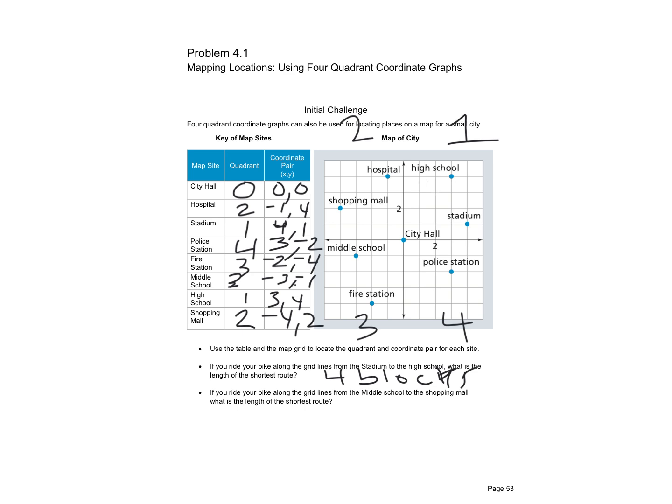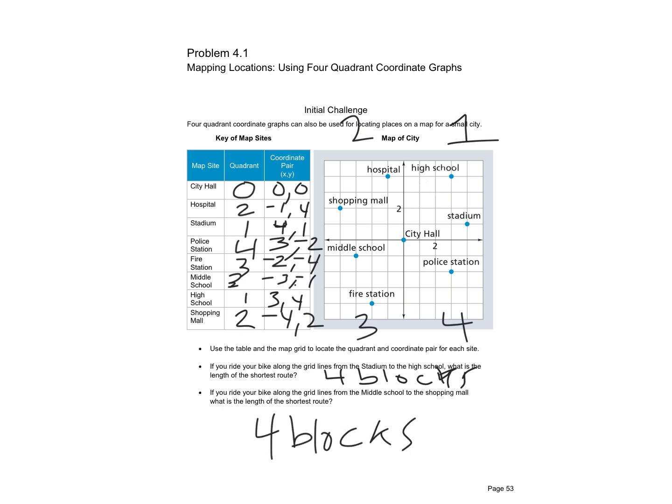If you ride your bike along the grid lines from the middle school to the shopping mall, what is the length of the shortest route? So the middle school is here. We're either going to go 1, 2, 3, 4 blocks that way, or 1, 2, 3, 4 blocks that way. Either way, it is also 4 blocks.